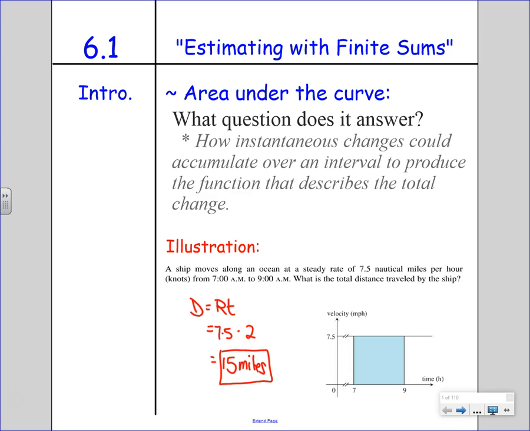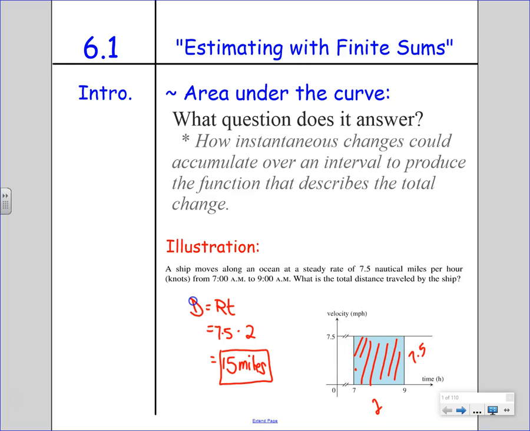My question is, why didn't people, when they first taught you distance equals rate times time, also teach you the idea that you're really just finding an area? What area? If you graph velocity, it's a constant 7.5, and if you measure from 7 to 9, the base is going to be 2, the height is going to be 7.5.